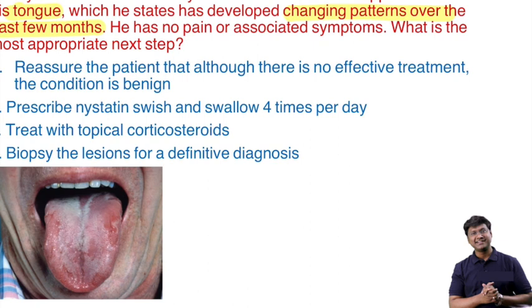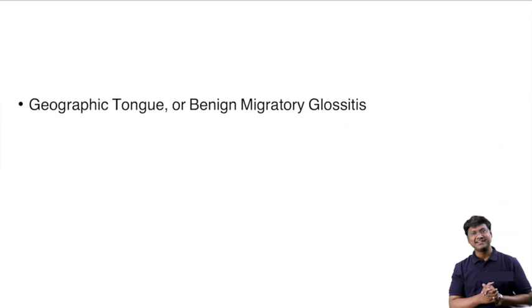See, basically, what is the diagnosis? If you see, the patient is telling that there is a changing pattern over the past few months. That tells you this is a classical case of geographic tongue, right? Another name for this geographic tongue is benign migratory glossitis. So what exactly happens?